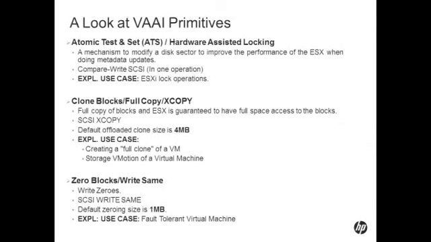And the example use case is, for example, if you create a fault tolerance virtual machine, you are required to use an eager zero thick disk. So when you clone a VM, clone an eager zero thick disk with the write same command, it significantly saves the amount of time that you create the VM.